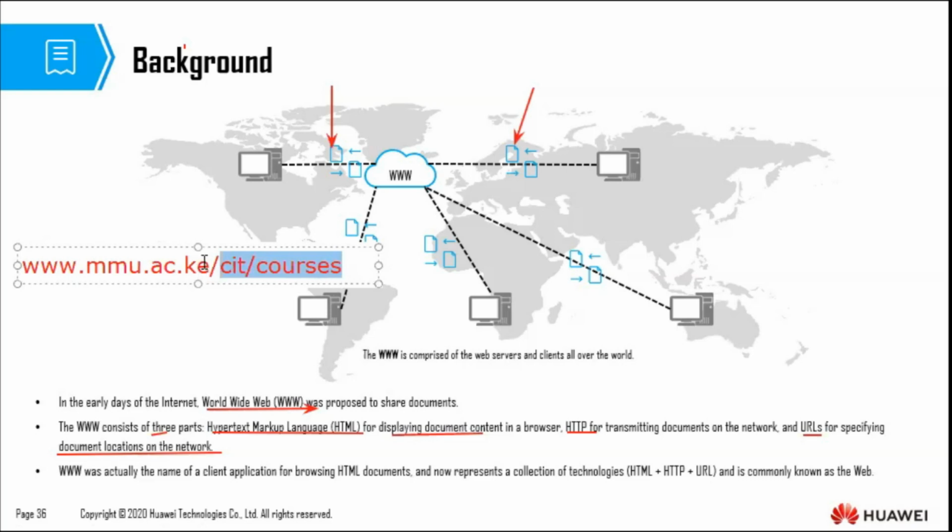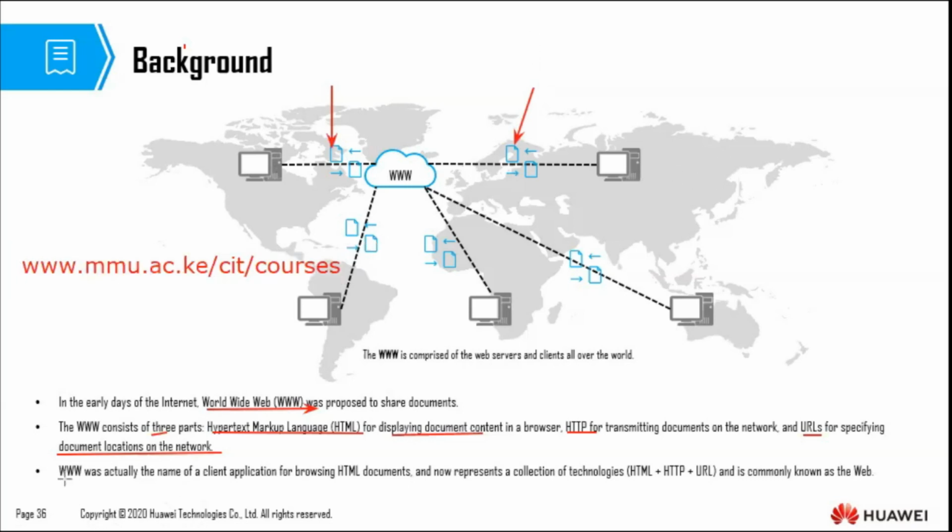So the domain name is actually the name of the server that you want to access. And it's normally translated into a public IP address by the domain name server, which you're going to look at just now. Okay.